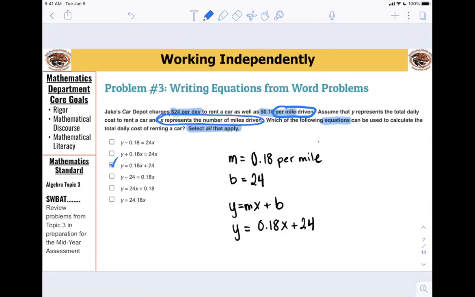Yeah, Bianca said it as well. We can get rid of number 5 because they put the X with the 24 and that's not correct. Where else? Guillermo says number 1 and number 2. Awesome, exactly, because both of these have it with the 24 as well. So that I already know is wrong.